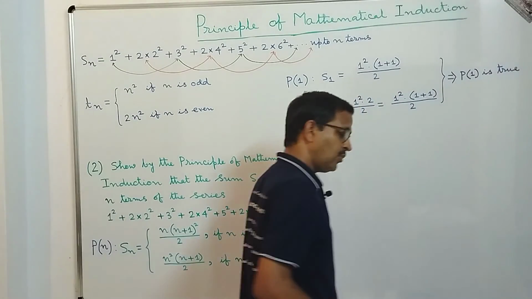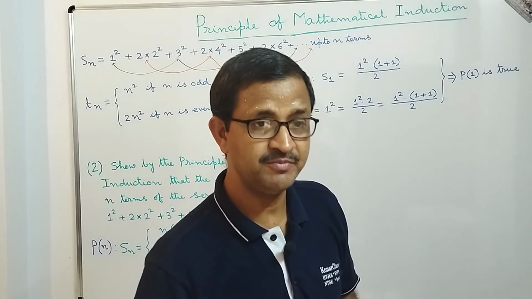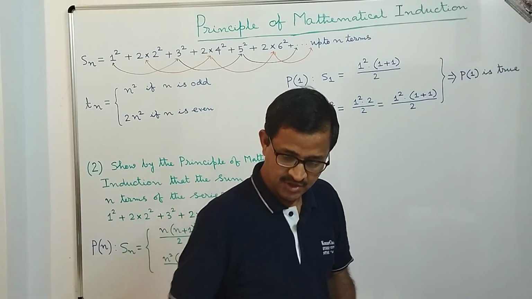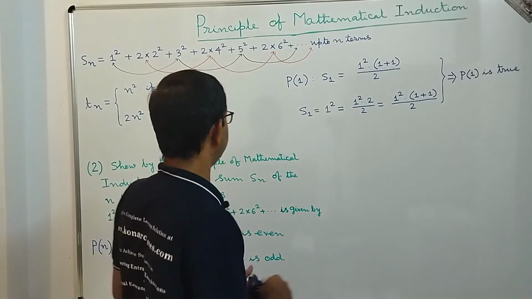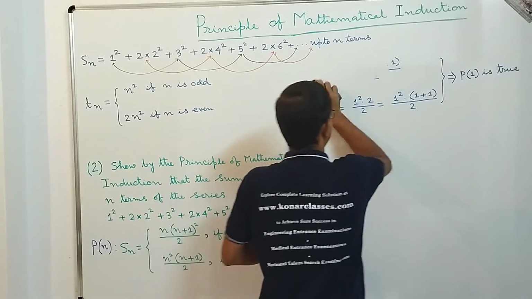Now, according to the principle of mathematical induction, the next step is: let Pk be true. If we assume that Pk is true, then what can we consider here? Let me write it here, using a different color.